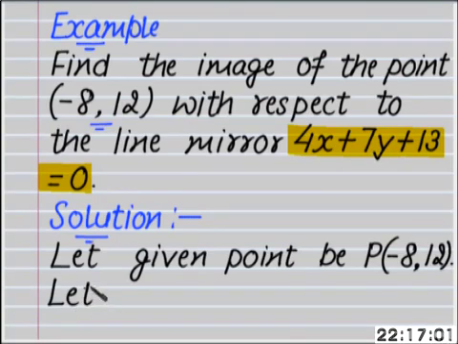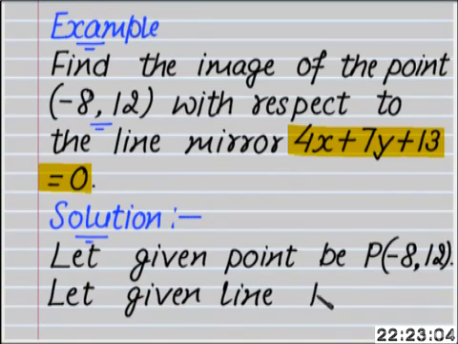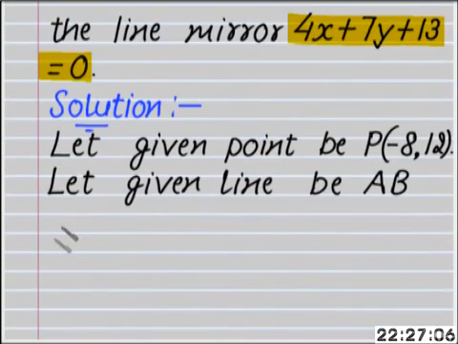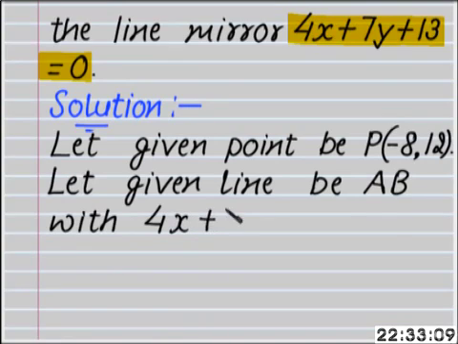Let the given line be AB with equation 4x plus 7y plus 13 equal to 0.